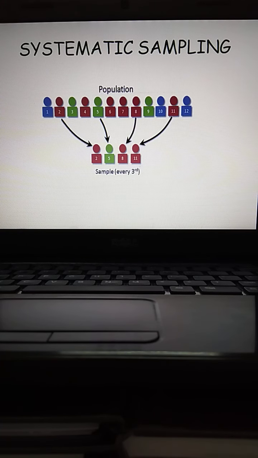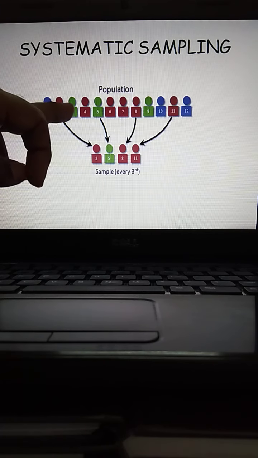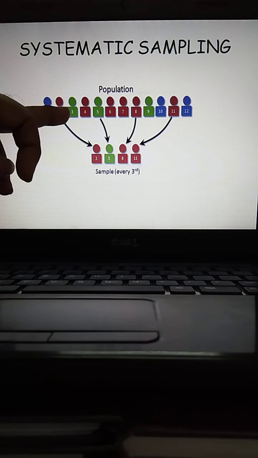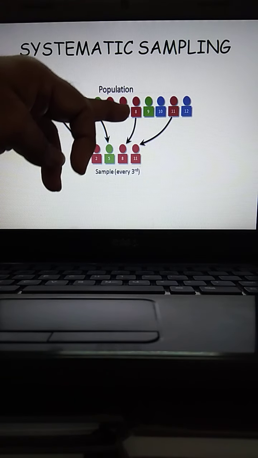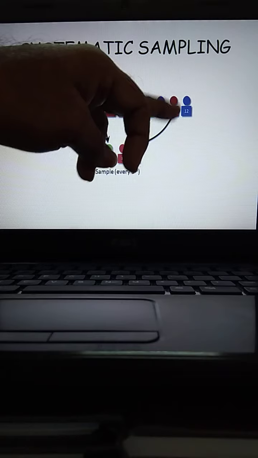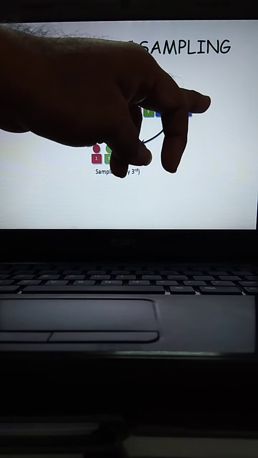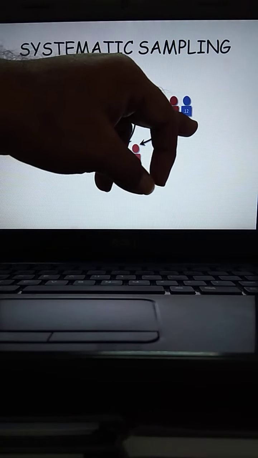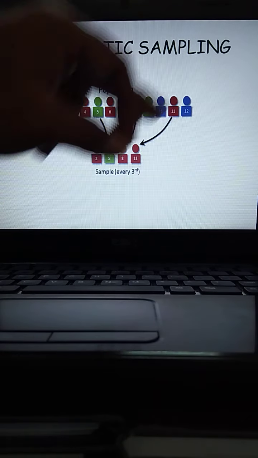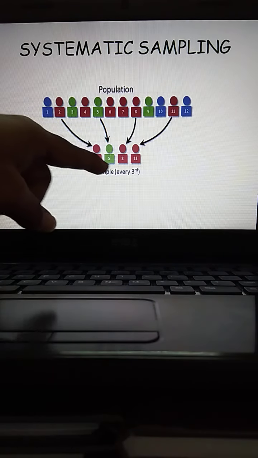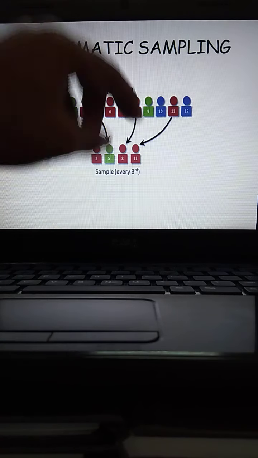See, all of you observe here. What is the first unit picked into the sample? Second. So after that, what is the gap maintained here? 2 units. Fifth unit, again 2 units gap. 8th unit, again 2 units gap. 11th unit, again 12, 13 will not be there. 14 will be involved. Again 15, 16 will not be there. 17 will be involved. So what is that? Every third element is going to be involved.